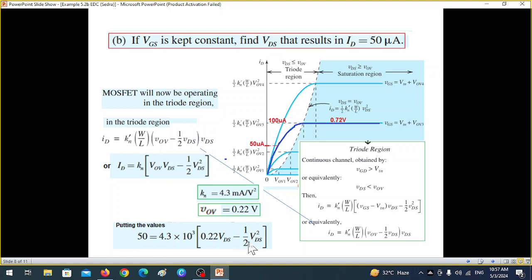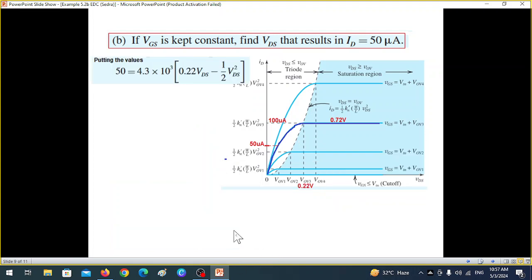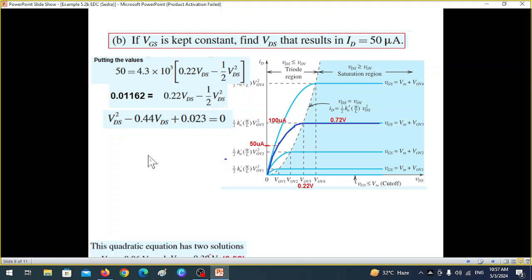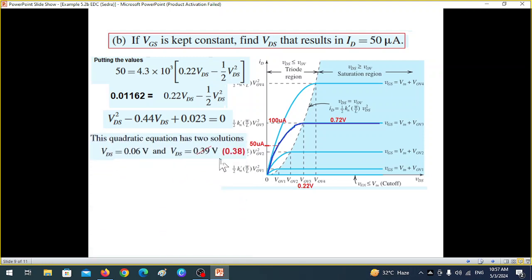Now putting all the values in this equation, we can find VDS. So this is a quadratic equation. So we have to solve this quadratic equation. And we'll find these two answers by solving the quadratic equation.